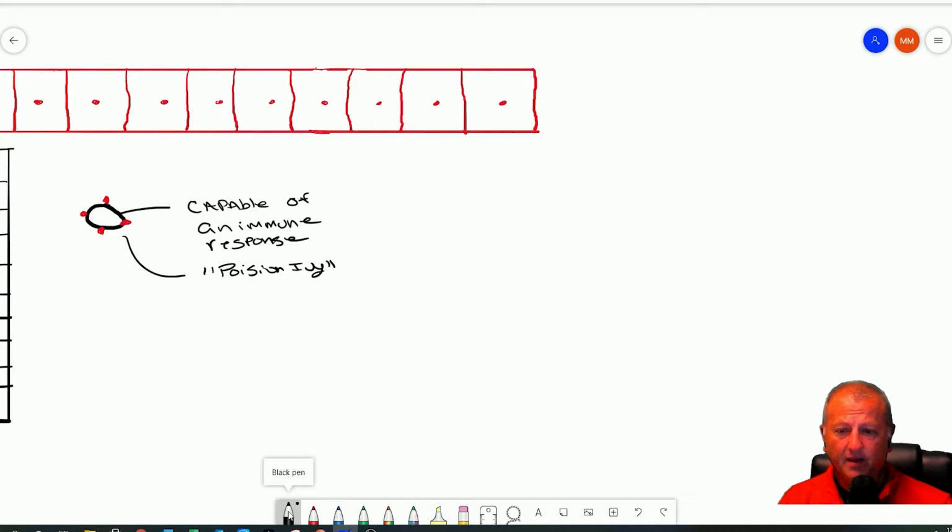Your book calls that a hapten. And that's the definition of a hapten. It's not necessarily an antigen, but can become an antigen at a later time. Okay, let's erase this.